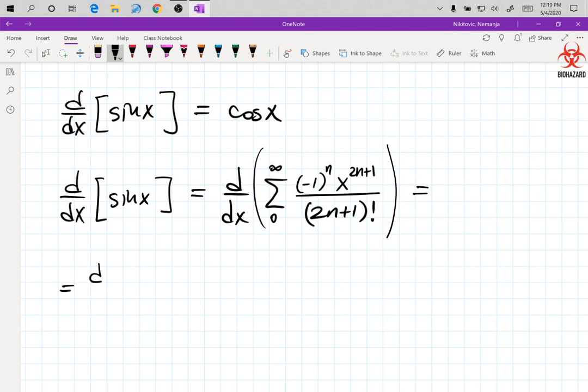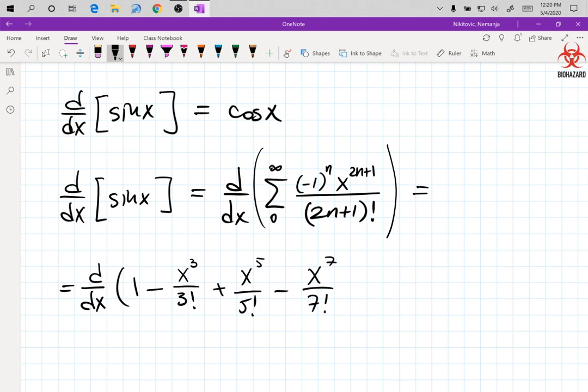And before you freak out, just write down the terms. There's no reason to panic or go crazy. This is 1 minus x cubed over 3 factorial plus x to the 5 over 5 factorial minus x to the 7 over 7 factorial plus x to the 9 over 9 factorial. Just keep cranking these alternating signs, right?